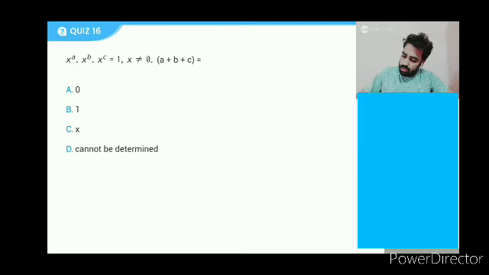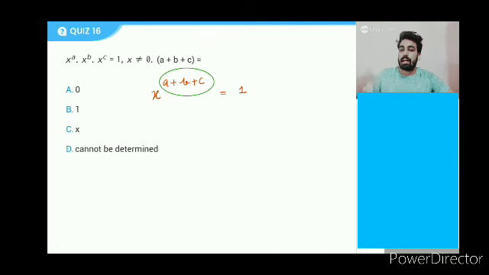Okay. Now, if I have x power a into x power b into x power c, I can write it as x power a plus b plus c is 1. X is any non-zero number and uska power hai a plus b plus c and this value is equal to 1. Kab hoga? When it will be always 0.